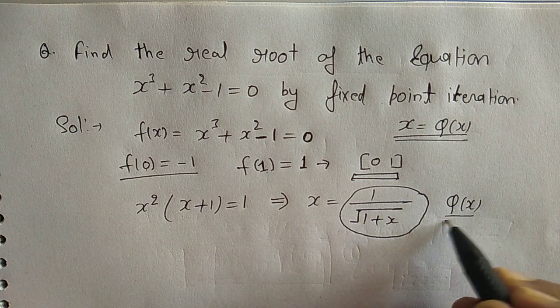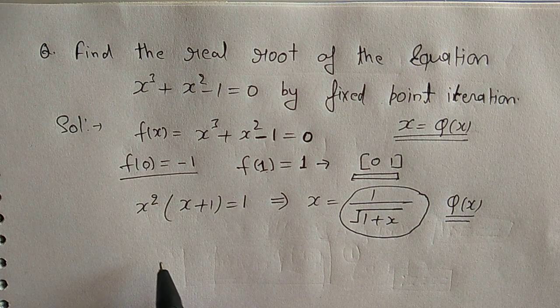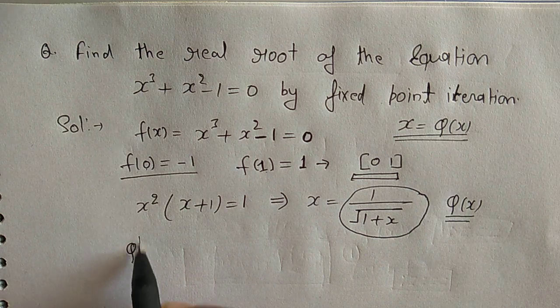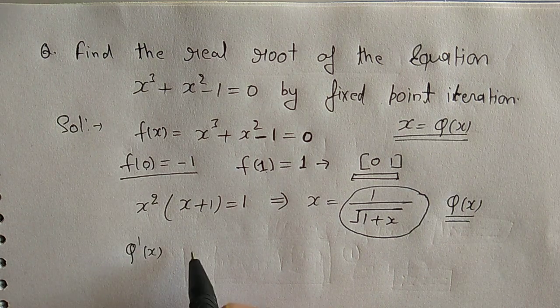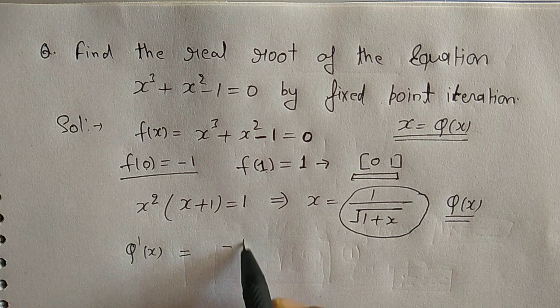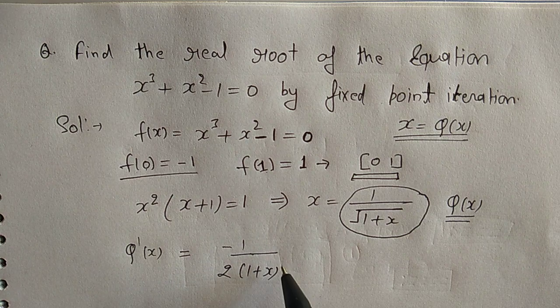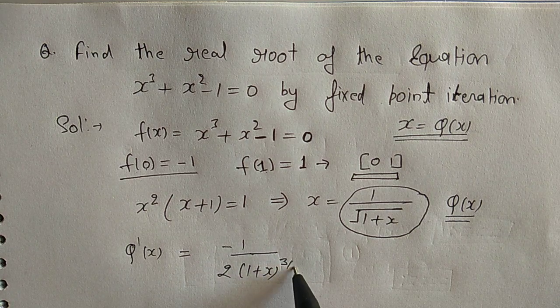Now immediately you have to check the condition: your phi dash x should be less than 1. So this equals minus 1 by 2 into (1 plus x) power 3 by 2.